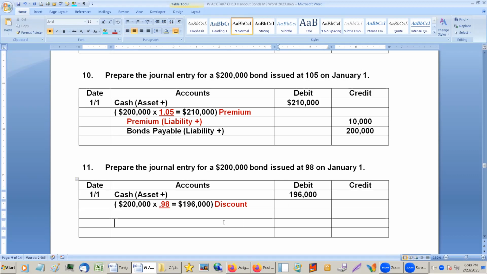Okay, so this is what this is going to look like. Now, you'll notice that the discount, it is a liability going down by 4,000.